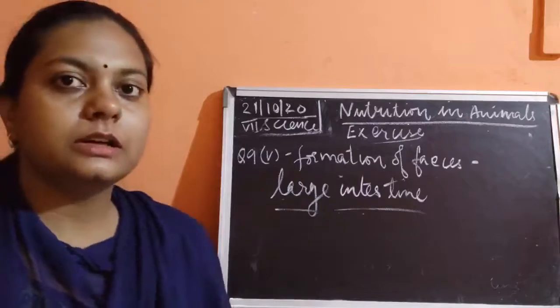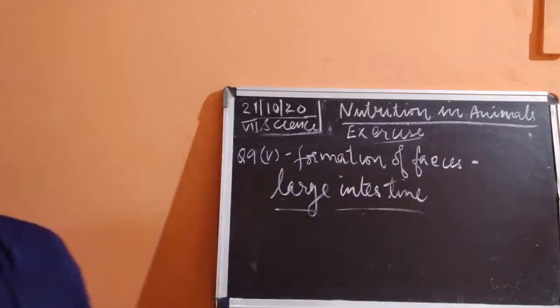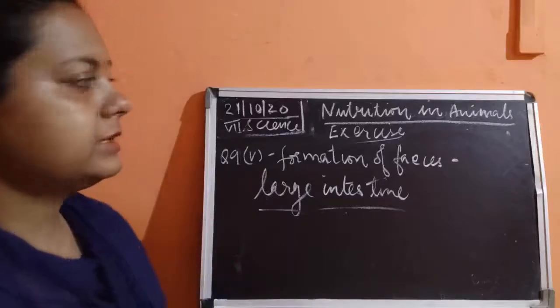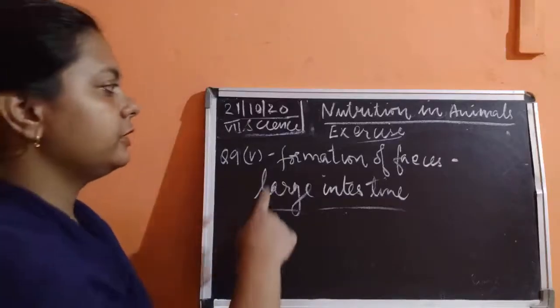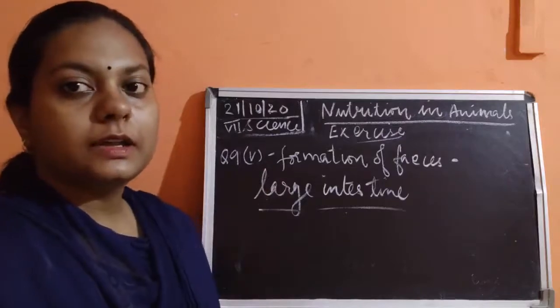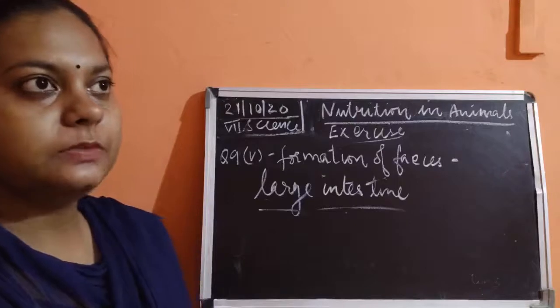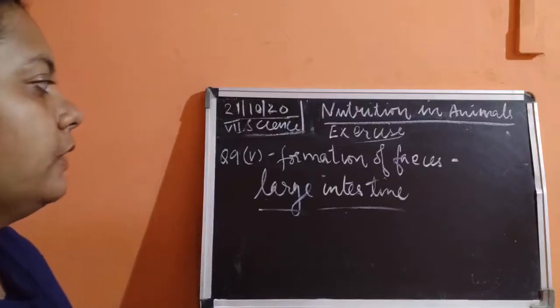Because the digested food is present for some time in the large intestine, and then what happens? The large intestine is helpful in the formation of feces because it absorbs the water from the waste, and we are only left with the waste material.